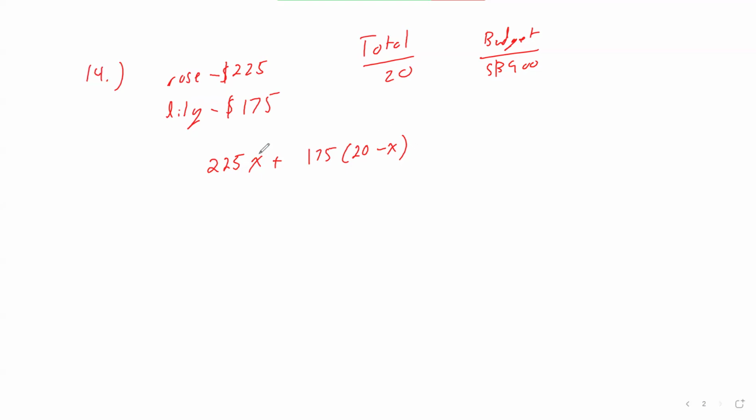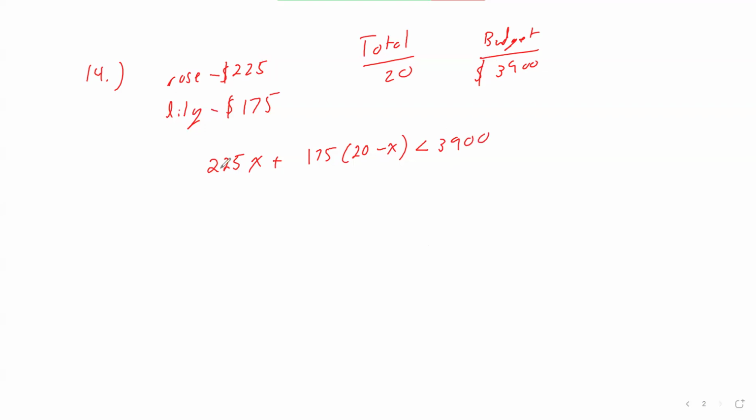Hypothetically, if I buy 15 roses, then 20 minus 15 is 5, so I'd buy 175 times 5. This has to be less than $3,900.